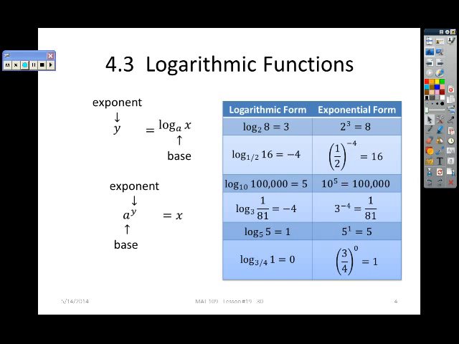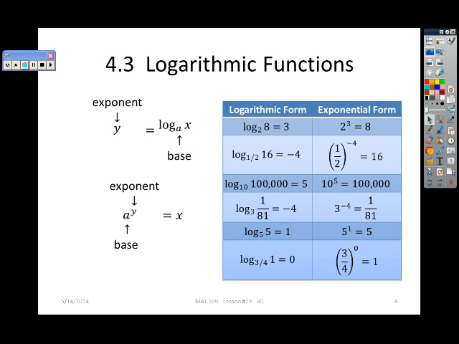We can have fractional bases. The only restrictions is our base has to be positive, and our number that we're taking the logarithm of has to be positive. So we can have a fractional base. We can take the logarithm to base 1/2 of the number 16.